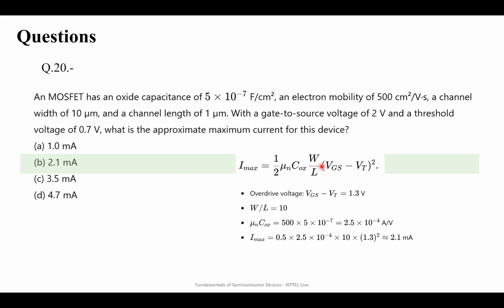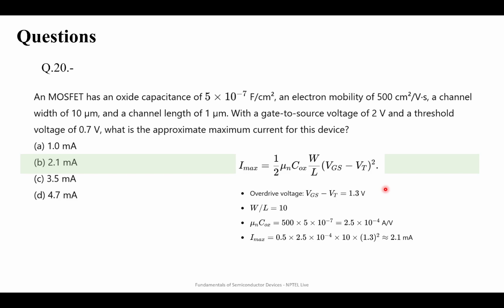The differential is equal to what, sir? Sir, if I perform differentiation, we have 2 (VGS minus VT), and the 2 will cancel with the half. Okay, del I equals mu n Cox W by L (VGS minus VT).